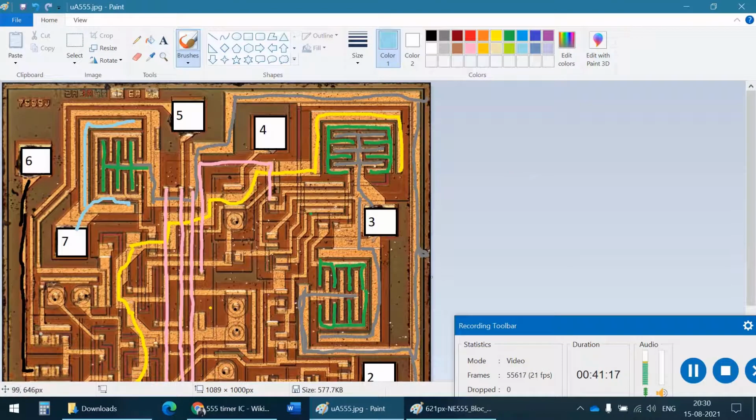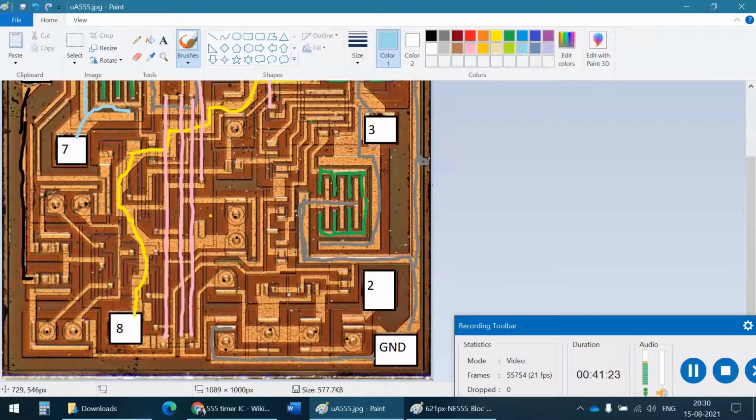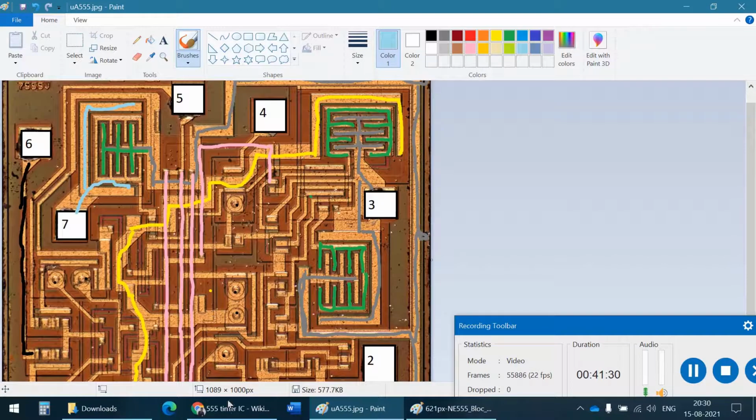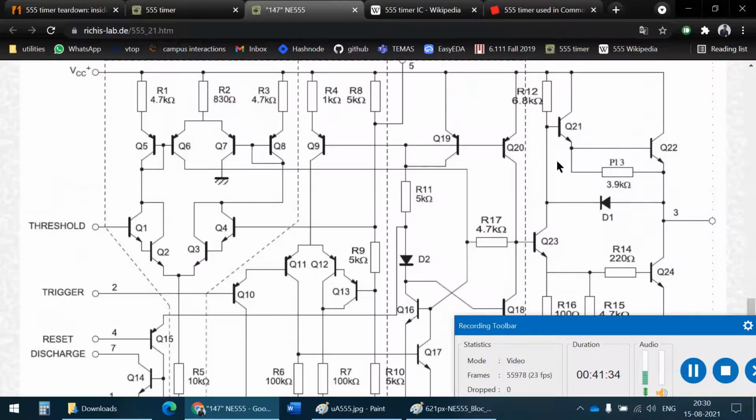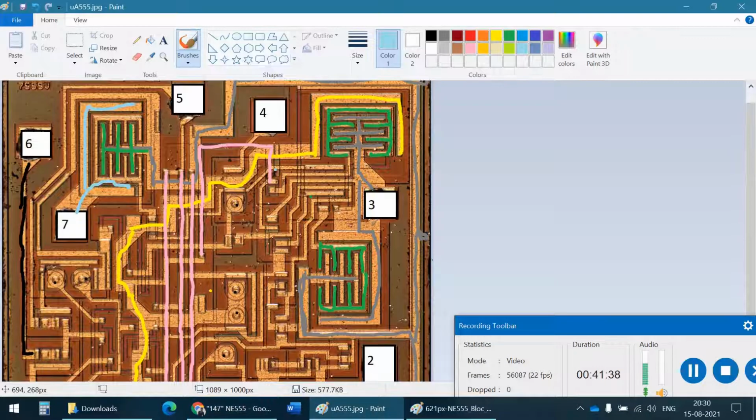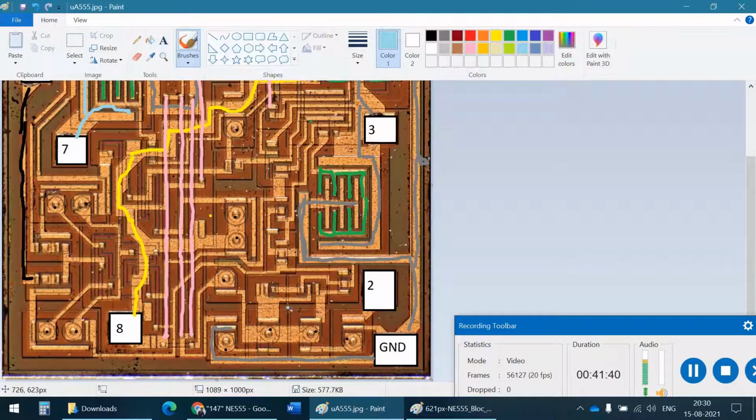A lot of the transistors did make sense. So we did identify this as 1, 2, 3, 4. We identified these 4 as well as these 4, so these are the 4 in the middle.